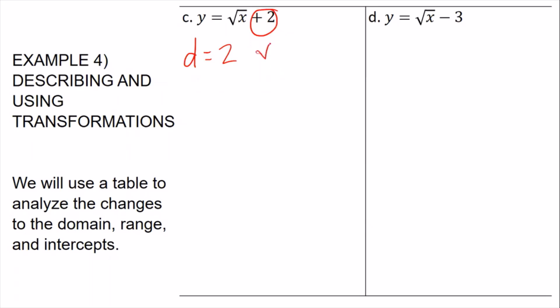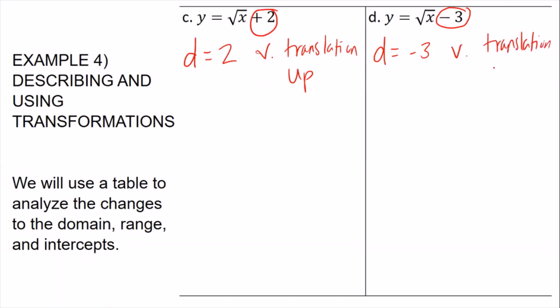So we know this is a vertical translation up because d equals 2. Versus if you look here, example D, the change from our parent function is minus 3. So d equals minus 3, and therefore this is a vertical translation down.